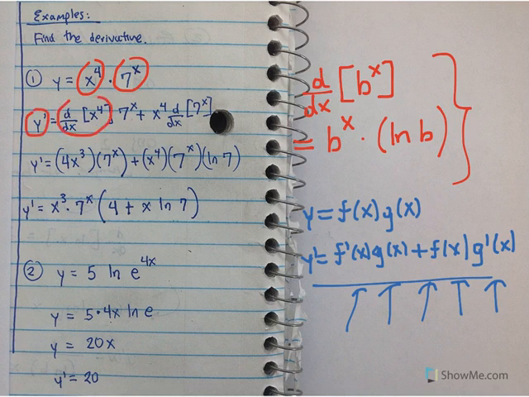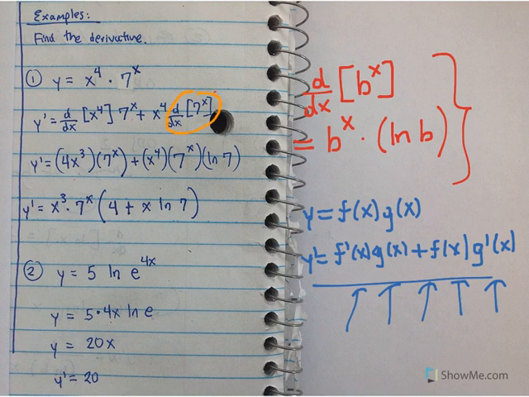It is the derivative of the first function times the second plus the first function times the derivative of the second. So the derivative of the first function, you find that using the power rule. So it's 4x cubed times the second function, 7 to the x, plus the first function, which is x to the 4th, multiplied by the derivative of the second function.